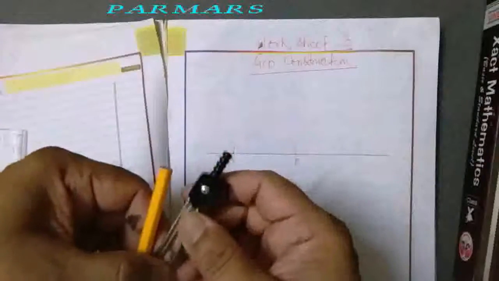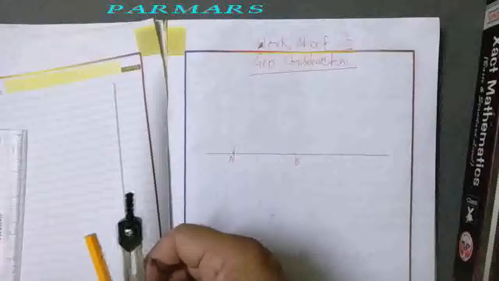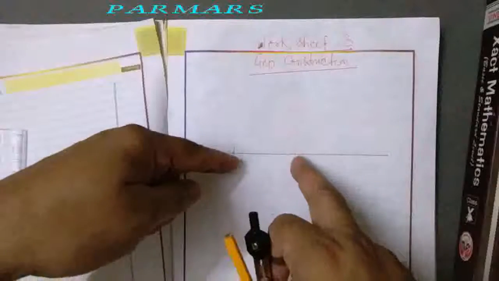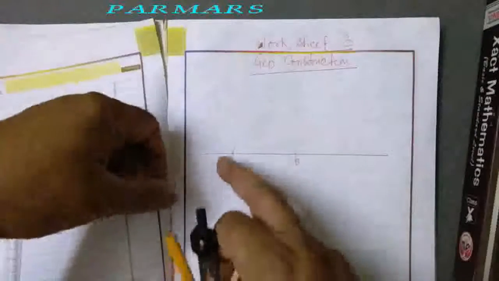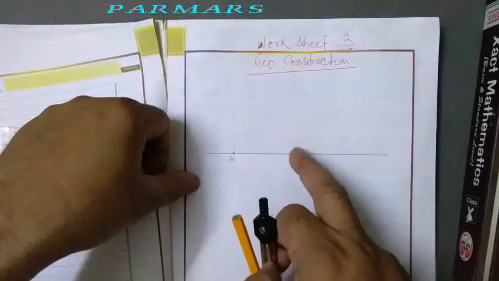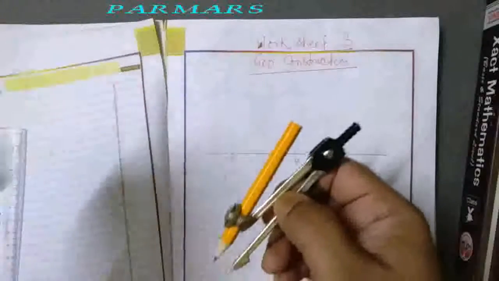Now in order to draw the equal parts, as I said, you have to draw 2 equal angles at A and B in opposite directions. If you draw at A in this direction, then you have to draw the angle at B in this direction. So preferably we are going to take 60 degrees.